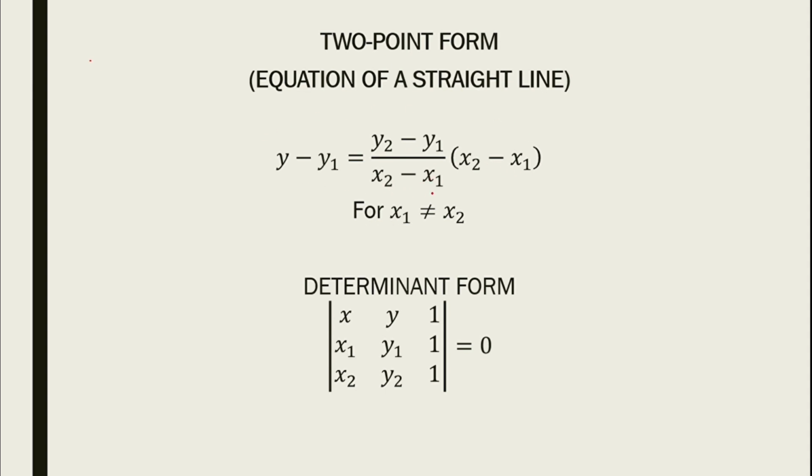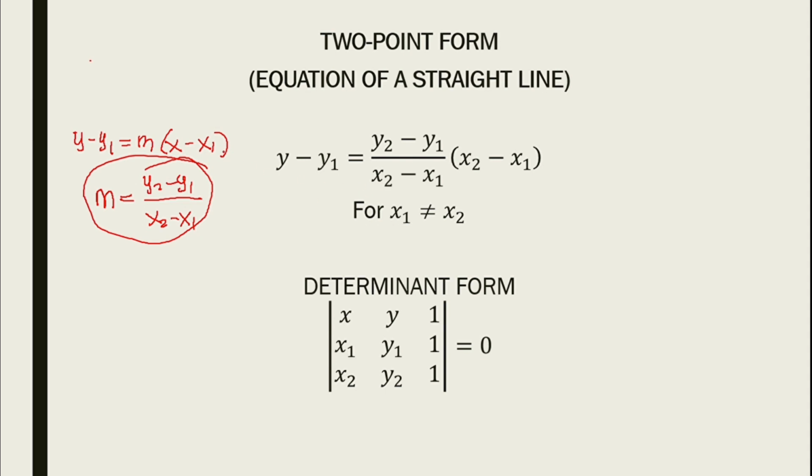This formula comes from the point-slope form: y minus y sub 1 is equal to m times x minus x sub 1, where m is the slope, which is y sub 2 minus y sub 1 over x sub 2 minus x sub 1. By just substituting in the point-slope form, we get the two-point form equation of a straight line. Take note that x sub 1 is not equal to x sub 2.